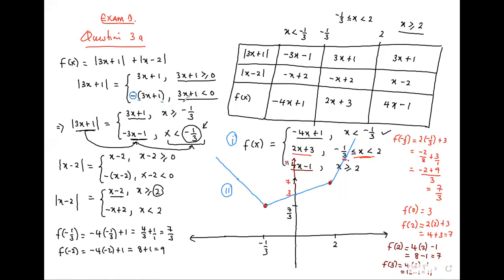You are talking about this one. But the definition is only having -3x plus 1, when 3x plus 1 is less than 0. As far as the inequality is concerned, there's no negative.